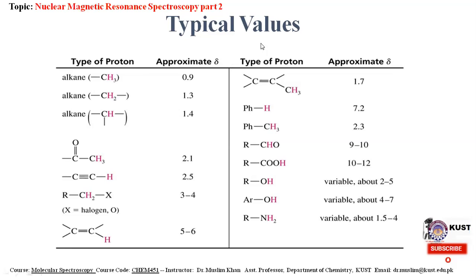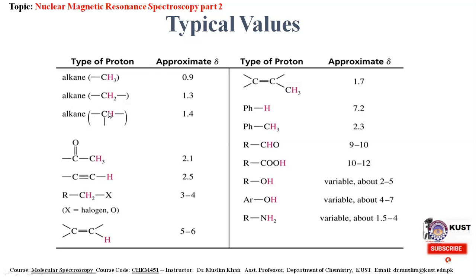For example, the peak for the hydrogen of a methyl group in an alkane is at around 0.9 ppm, while the CH2 group in the same alkane, attached to carbon atoms on both sides, will appear at 1.3 ppm.